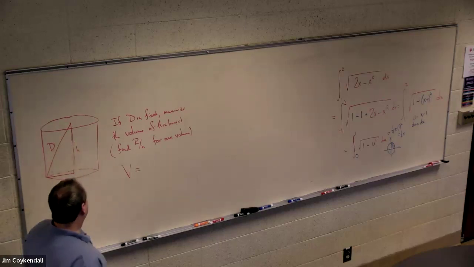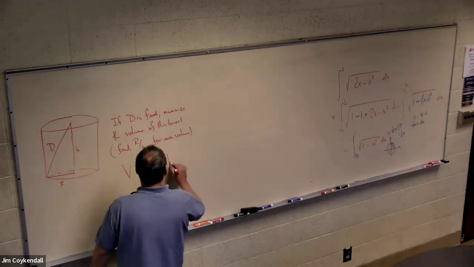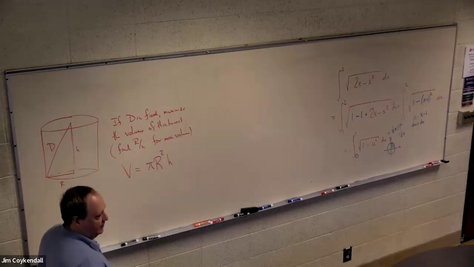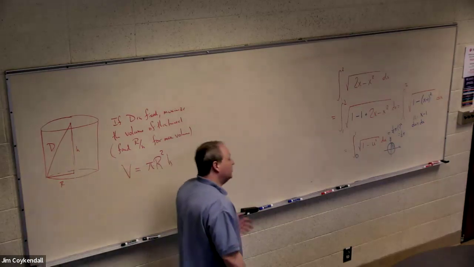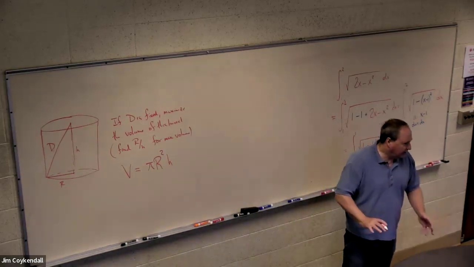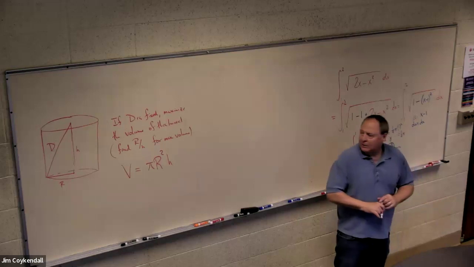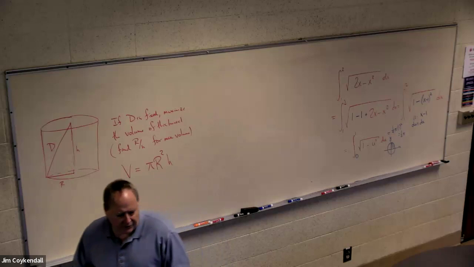In this case, the base is pi r squared, because the base is a circle, times height. And we run into the problem we almost always run into: too many variables. How am I going to balance these?